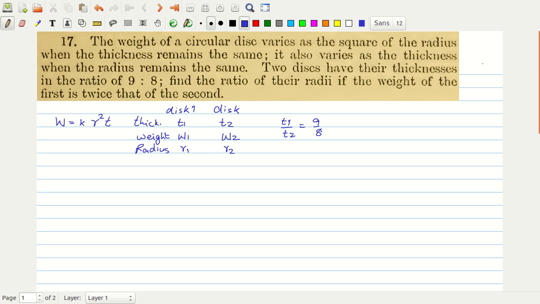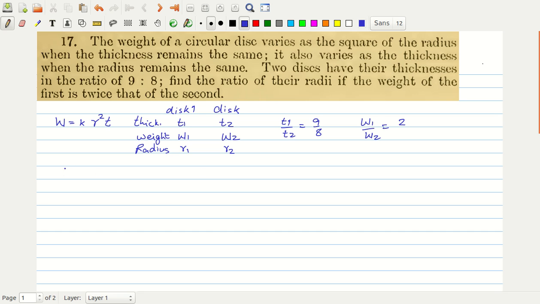So, we have to find the ratio of their radius if the weight of the first disc is twice that of second. So, we are also given W1 by W2 is equal to 2, because the weight of the first disc is twice that of second.